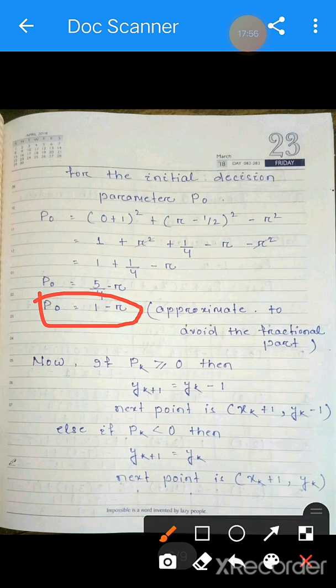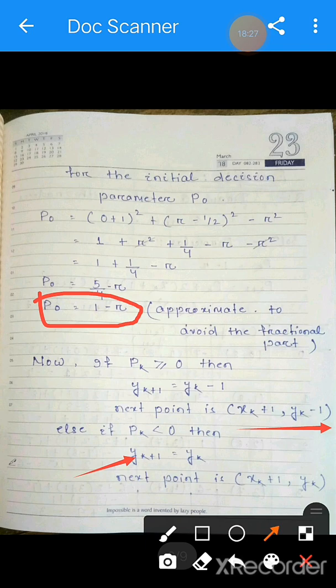Now if pk is greater than or equal to 0, then yk plus 1 equals yk minus 1. That means next pixel point is xk plus 1, yk minus 1. If pk is less than 0, then yk plus 1 equals yk.